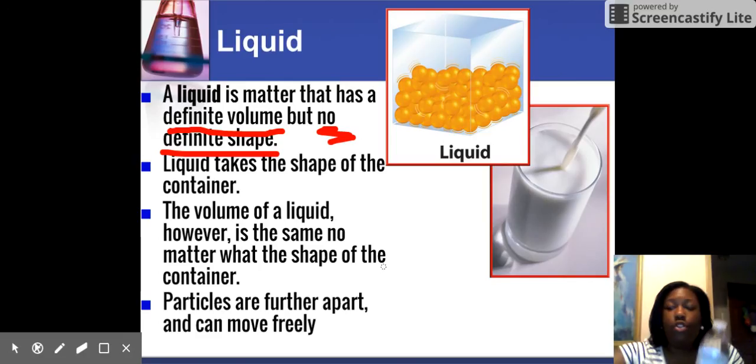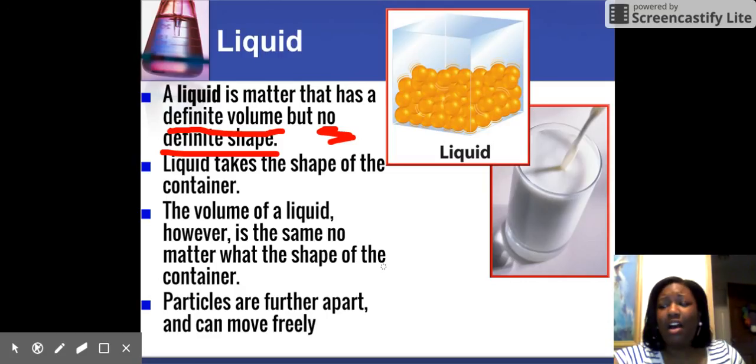So it takes the shape of its container, and the volume of a liquid, however, is the same no matter what the shape of the container. Okay, so if I pour this bottle of water into a jar, it's going to have the same amount of volume.